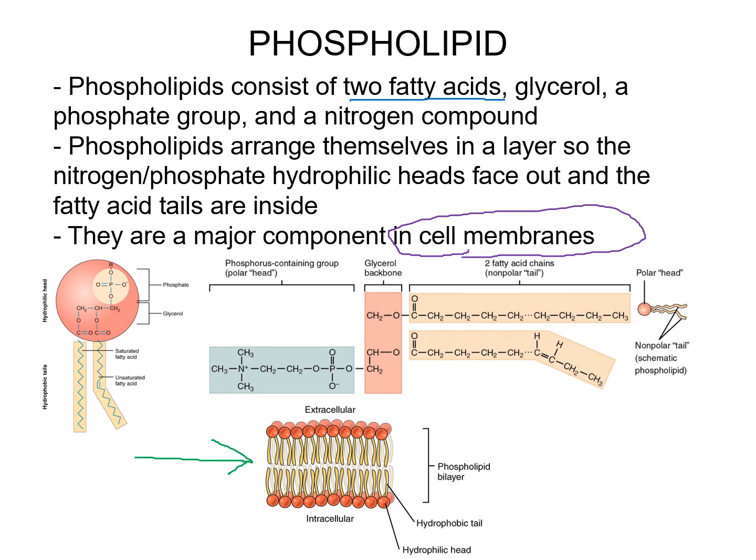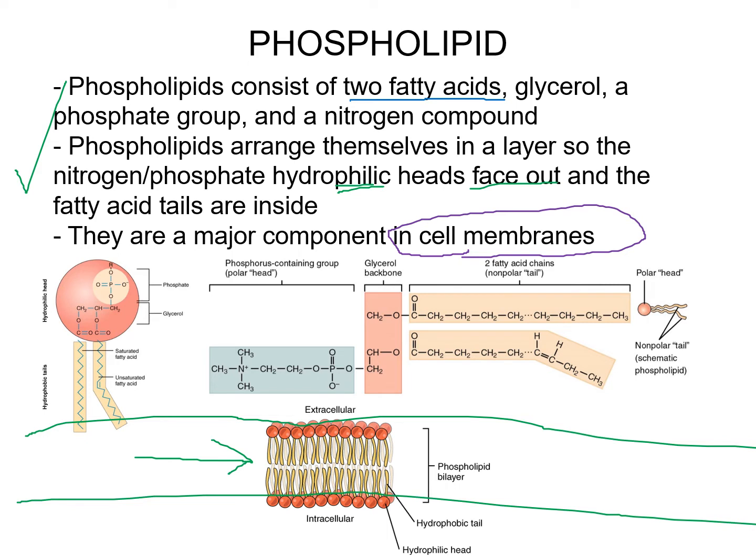So as you can see with the second bullet point, they arrange themselves, these phospholipids, so that the hydrophilic part, the phosphate head or the phosphate group, that's why they get the name phospholipid, this actually faces out towards the water. So whether it's the outside of the cell, let's look at this picture right here. Let's just draw a little wall. Here's the outside of the cell.